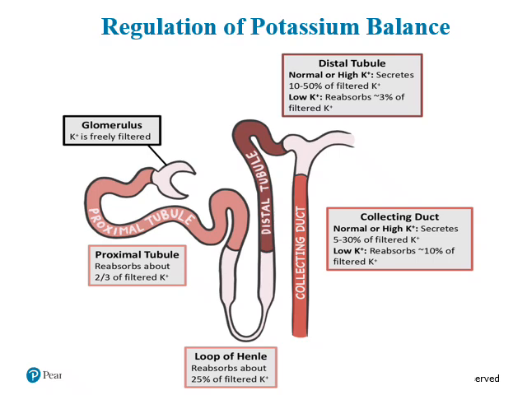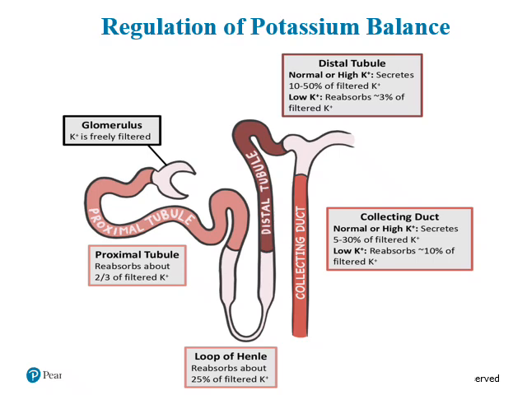Then in the distal convoluted tubule, with normal or high potassium, we secrete 10 to 50% of the filtered potassium. In low potassium, you can reabsorb 3% of the filtered potassium. And in the collecting duct, with normal or high potassium, we secrete 5 to 30% of the filtered potassium.